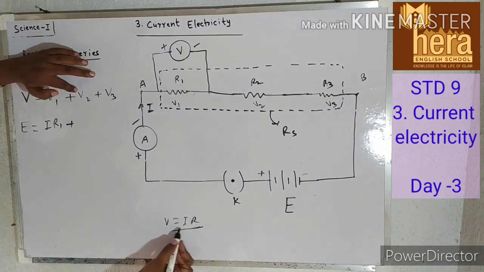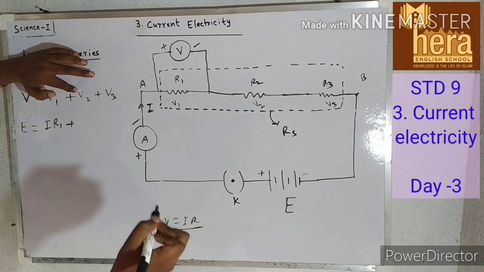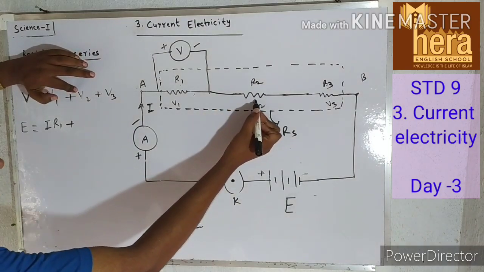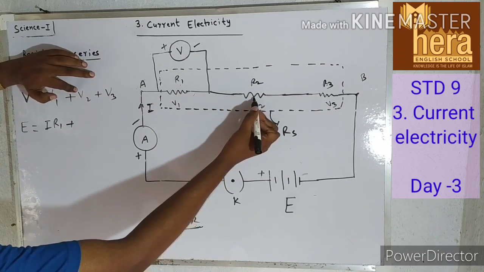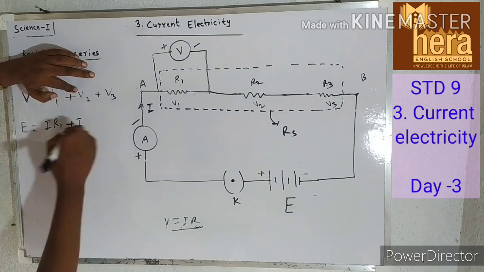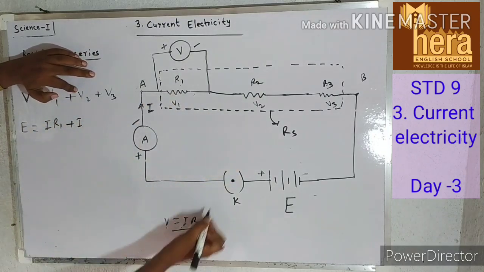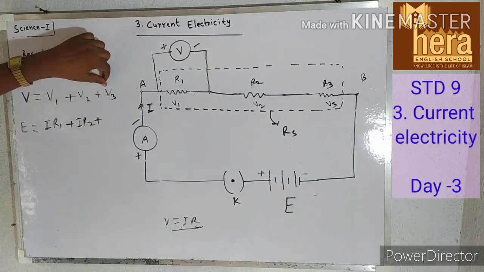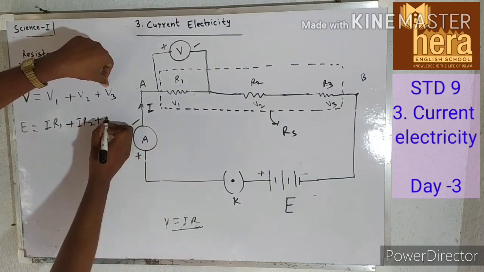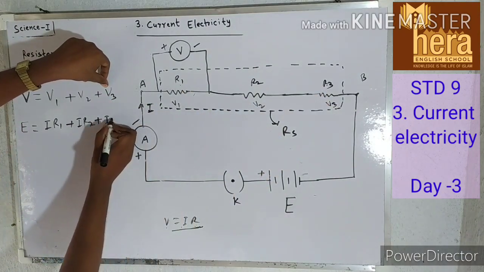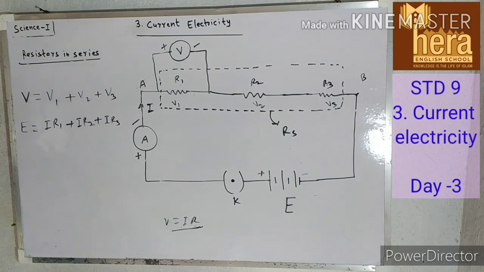Since V is equal to IR, V2 is equal to I, and again current I is flowing in R2, so I R2 plus V3. V is equal to IR, again I, and in place of R here is R3, right?